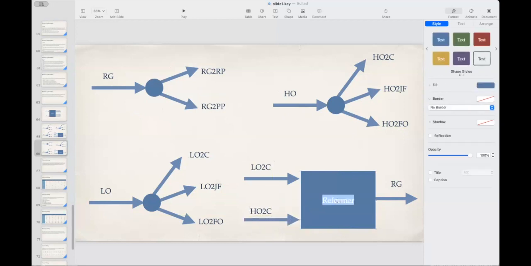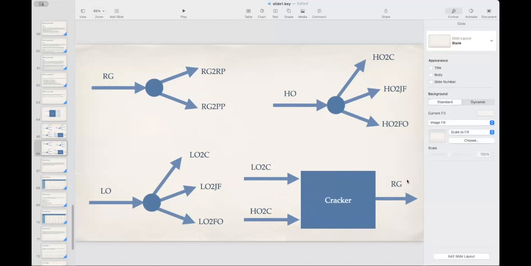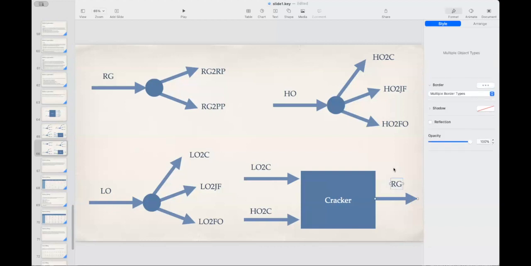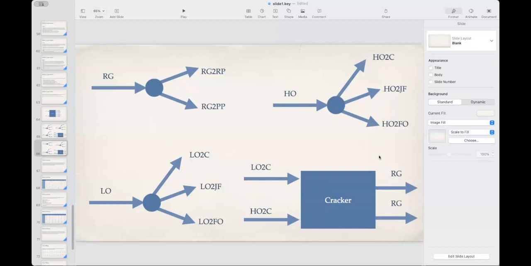Okay, so this is the cracker, and it produces two streams. Those two streams, what do I use?